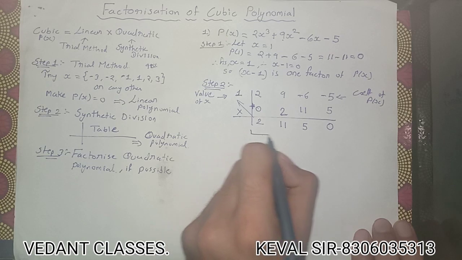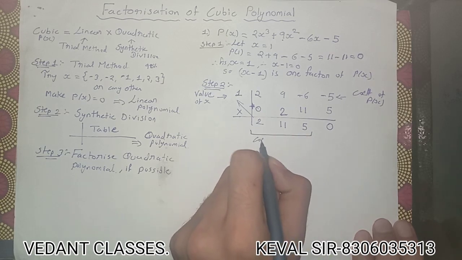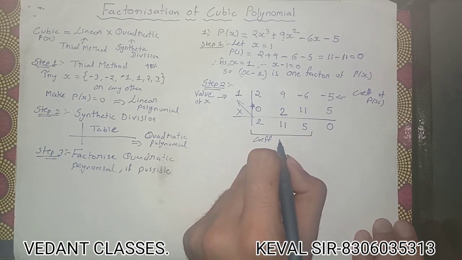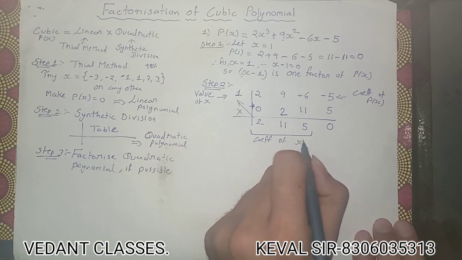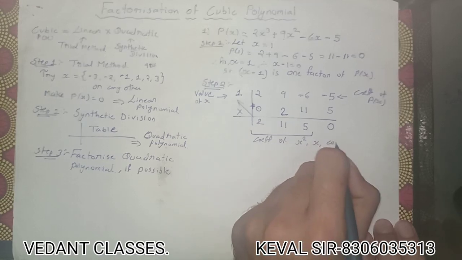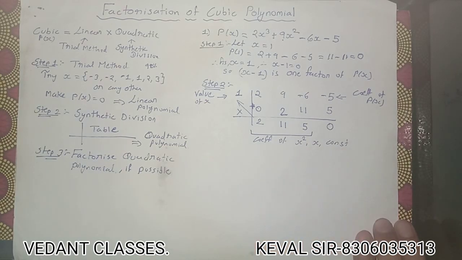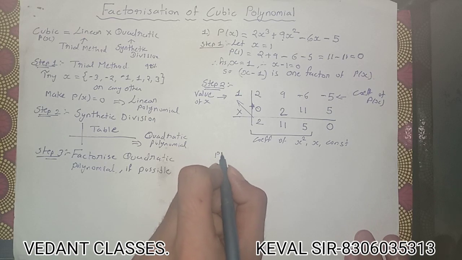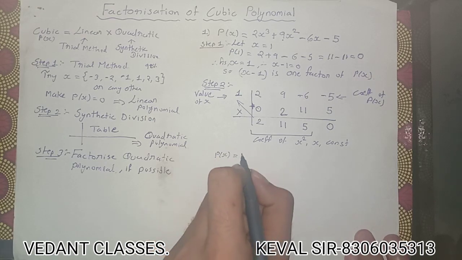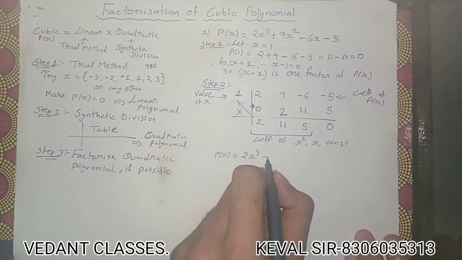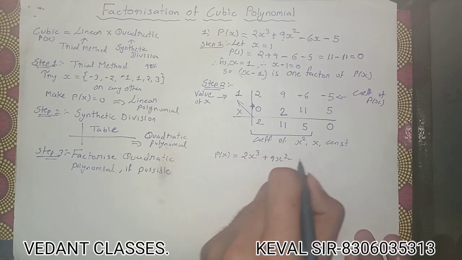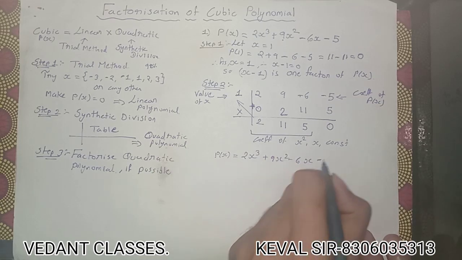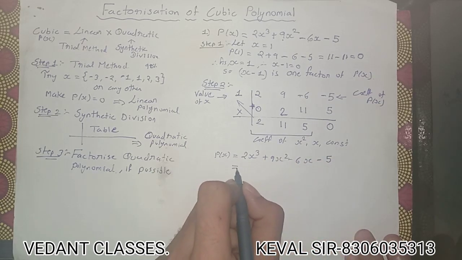These terms are the coefficients of x square, x and the constant term. Now you can write p of x is equal to 2x cube plus 9x square minus 6x minus 5.